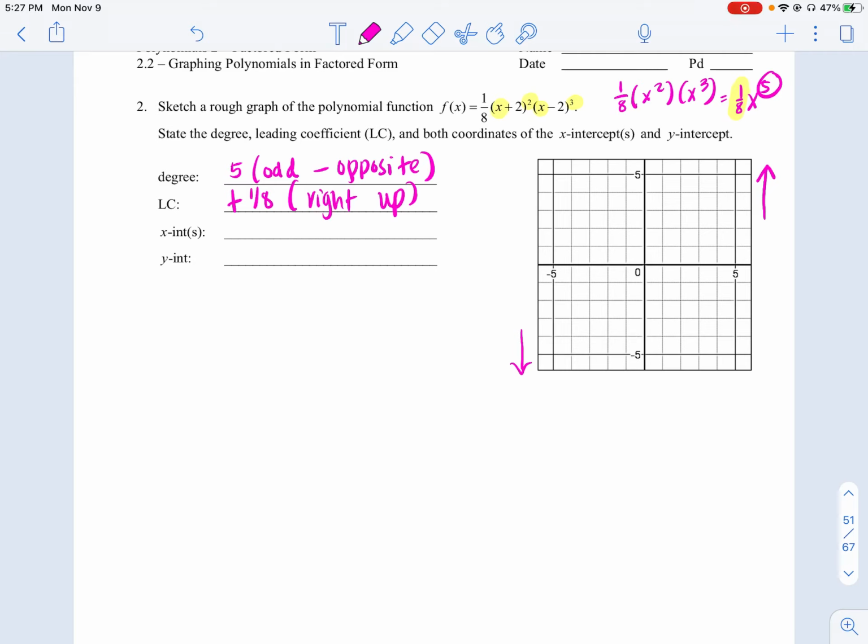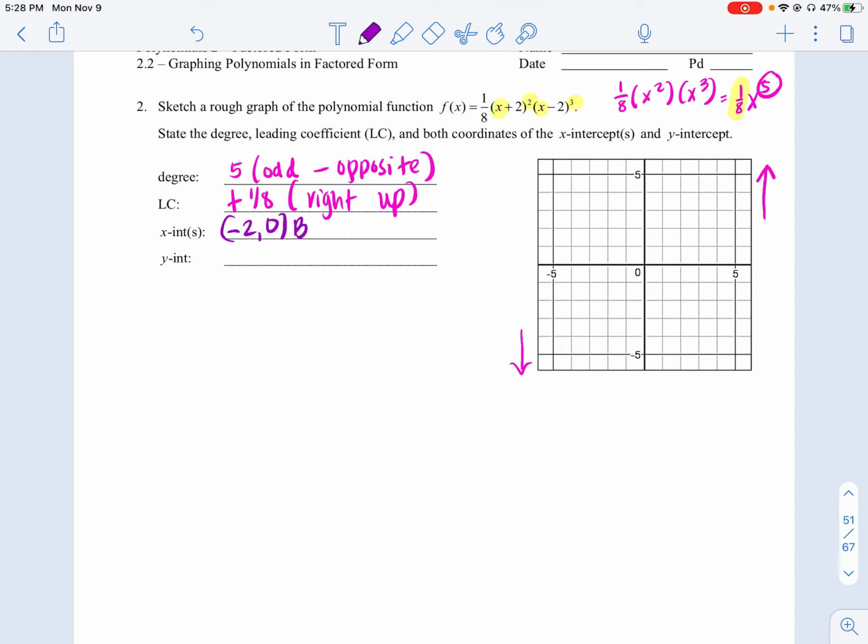Okay? Let's start with the x-intercepts. We have x plus 2 squared. That means that it's repeated. So we have an x-intercept at negative 2, 0, and I'm going to put B, meaning it will bounce at that point because it's repeated twice.